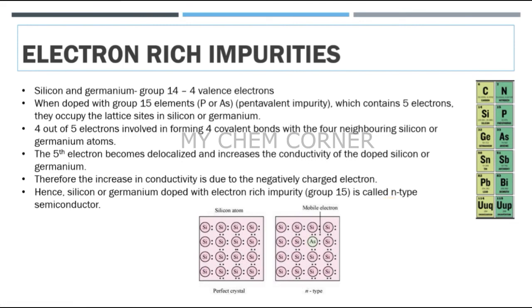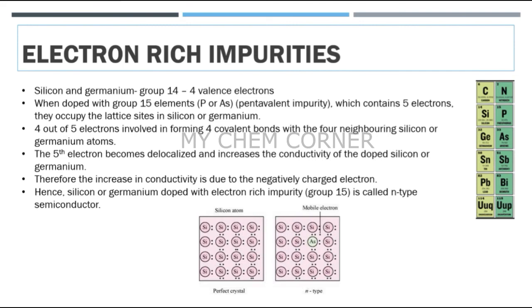Why is it called an N-type semiconductor? Because the one that is responsible for delocalization or for conductivity in this case is an electron. Electrons are negatively charged. So here N-type means negative type semiconductor, because it's an electron that's responsible for conduction of electricity, which we call a negative type of semiconductor.